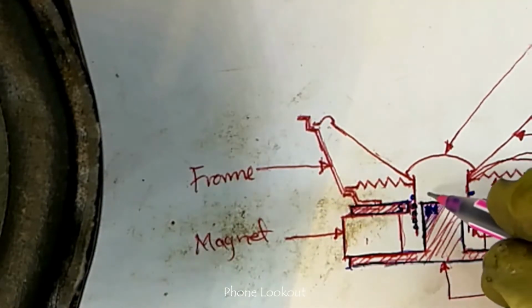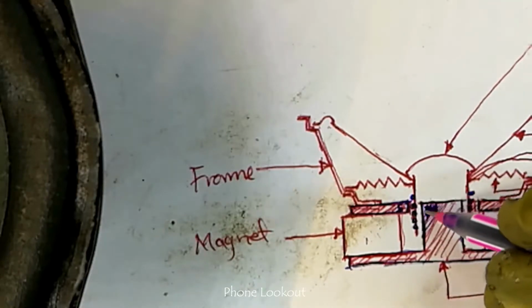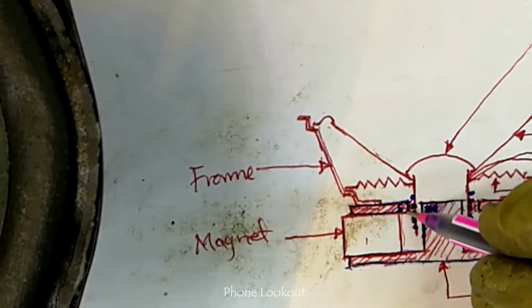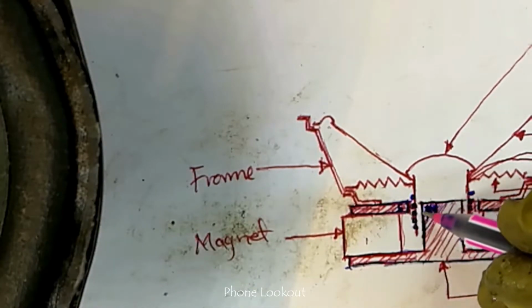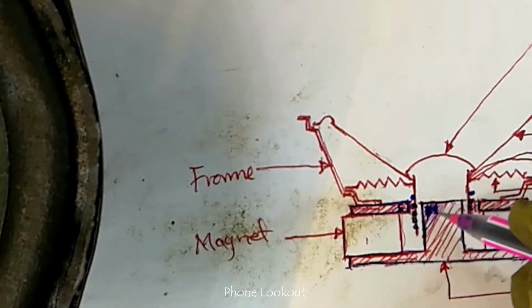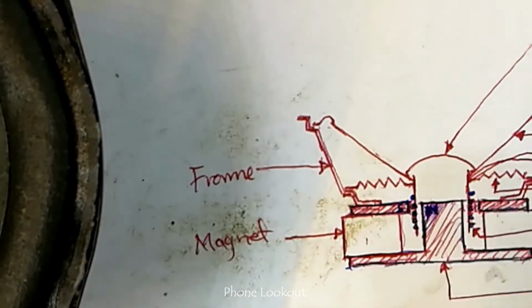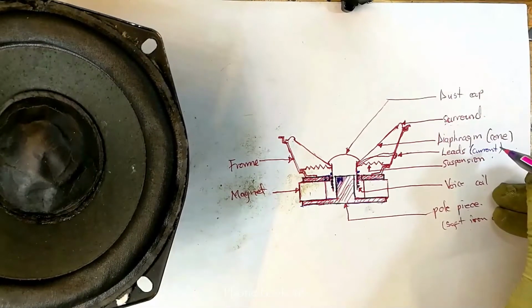So there's a north pole right there, and there's a south pole right there. Therefore, in between here and there is a magnetic field. But this bit that you're seeing is a conductor, and that experiences a force every time we put in current here. Oh, sorry, I got out of frame.